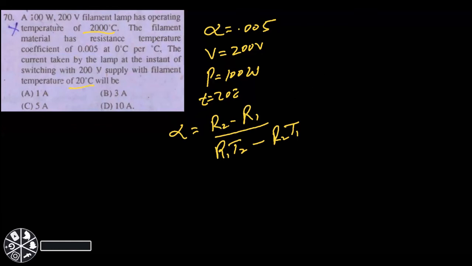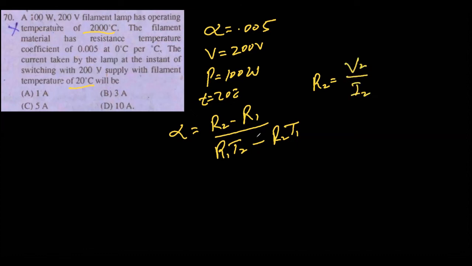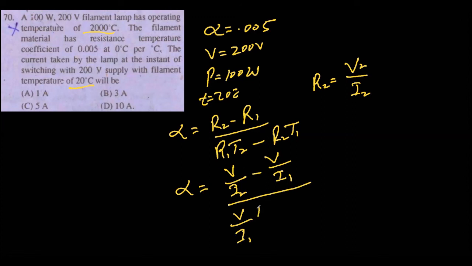Okay, and R2 is equal to V2 by I2. So that will be equal to V divided by I2 minus V divided by I1, divided by V divided by I1 T2 minus V divided by I2 T1.